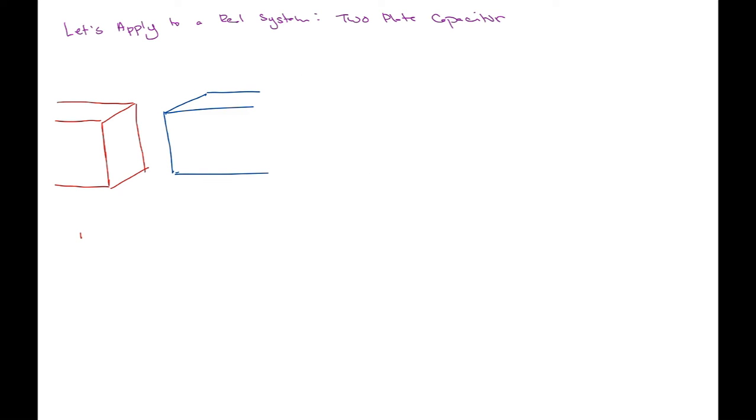Okay, loving the electronic pens. Okay, so we got two plates here. These are going to be conductors. Okay, and let me make that clear. So that means the electric field inside them is 0. All of the charge that we put on them is going to reside on the surface.